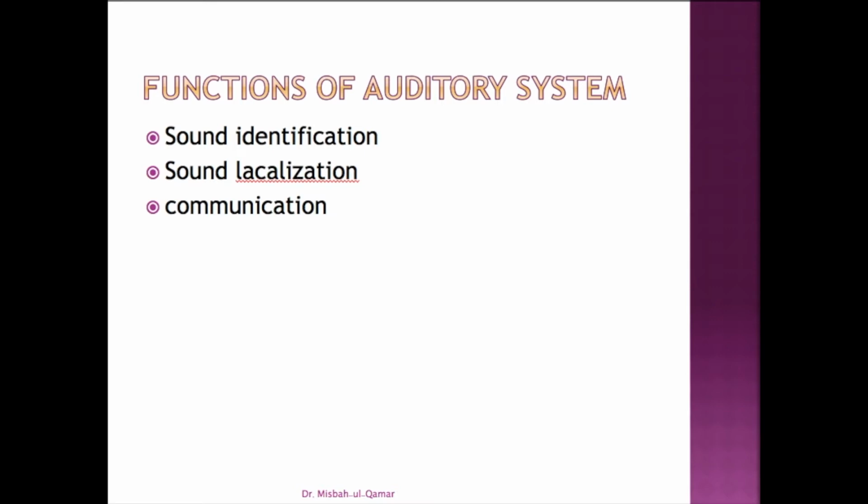And this function is performed by the auditory system through analyzing two differences, which are interaural timing difference and interaural frequency difference. So these were the main functions of auditory system.